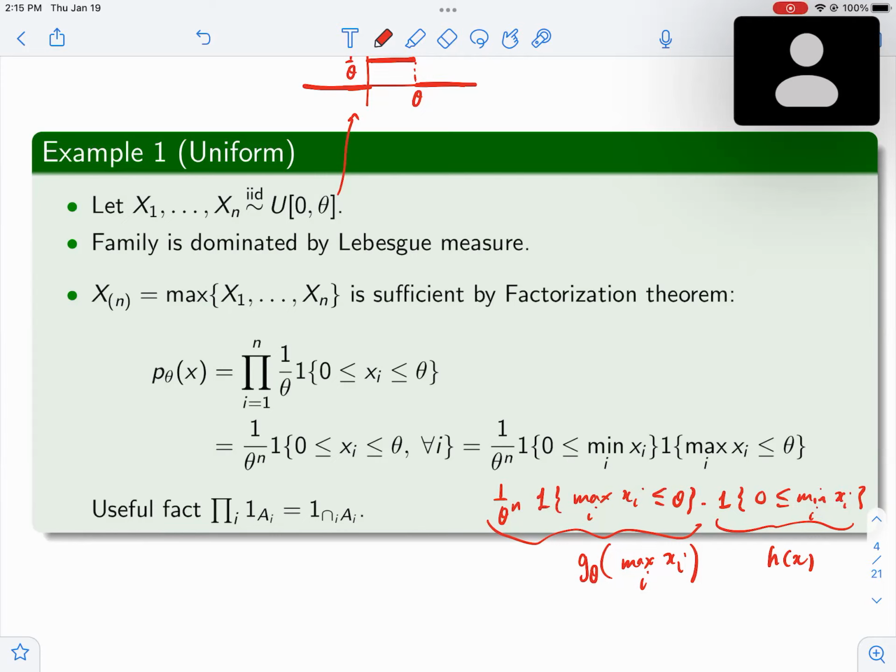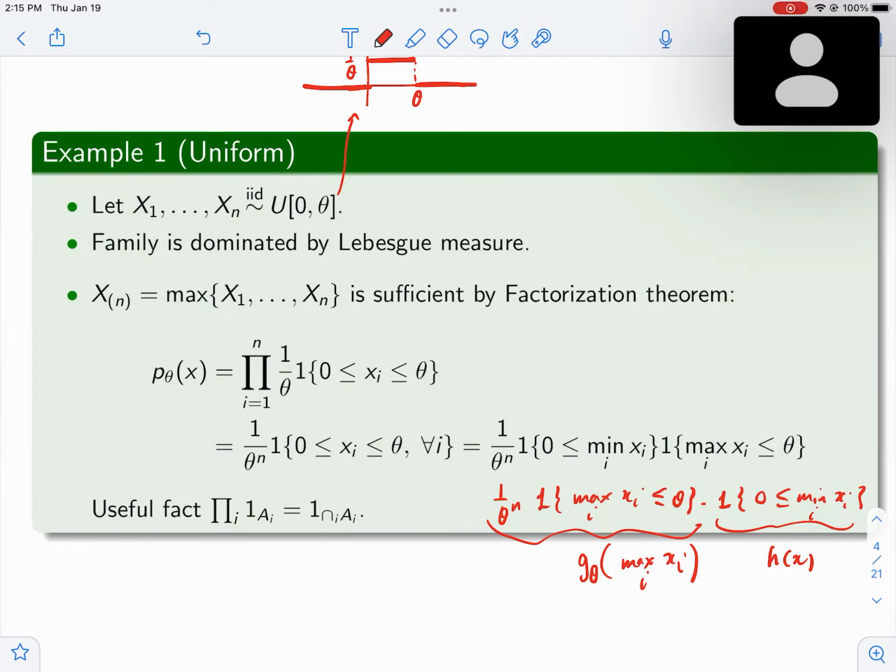We'll get to that. But it turns out in this case, the summation is not informative enough. It's informative, but doesn't have all the information. Intuitively, it's clear. The parameter is the end of the boundary, so the max is very informative about it, but the average may not be as informative.